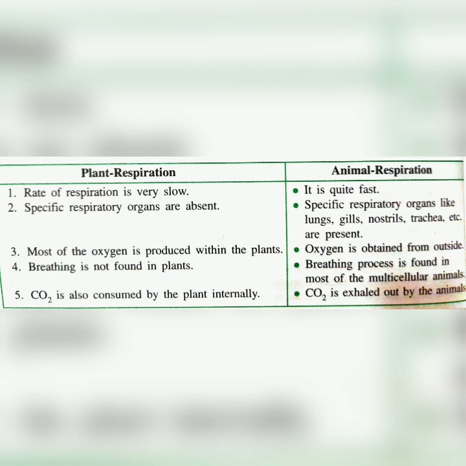Specific respiratory organs are absent in plants, but always present in animals. Carbon dioxide is consumed by plants internally, and in animal respiration carbon dioxide is exhaled out by the animals. It is given out, that's why we say exhaled out, while it is in the breathing process.